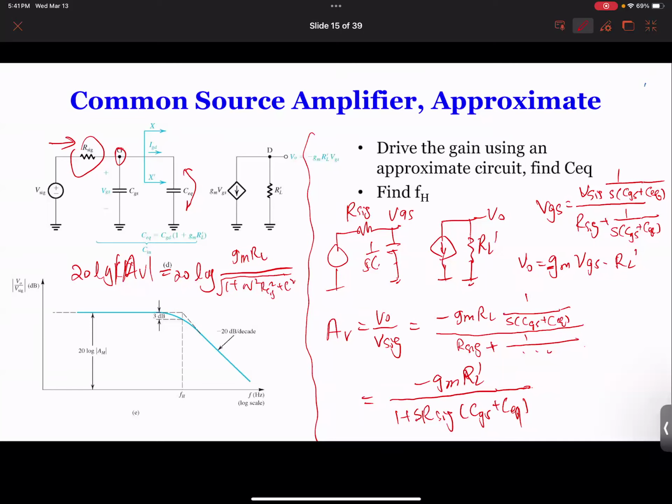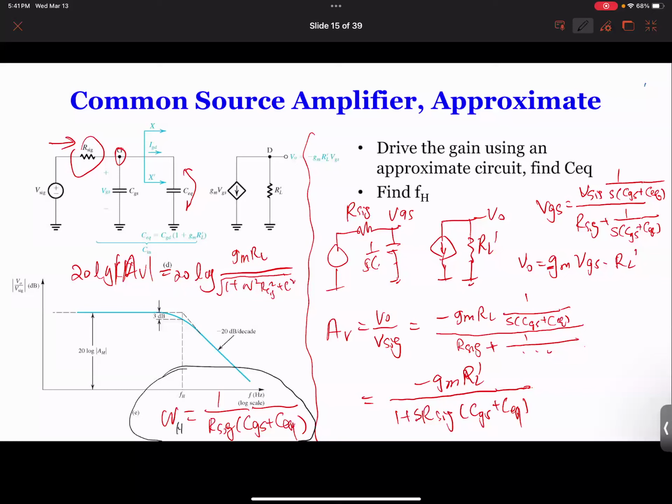So which means if we look at that is 1, we get omega equal to 1 over RSIG times CGS plus CEQ. So this is what we get for the frequency, and we call this omega H. Okay?